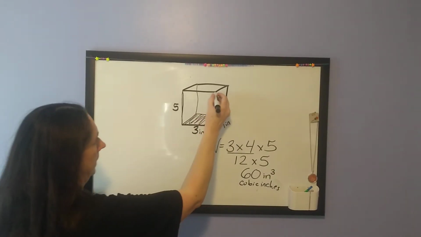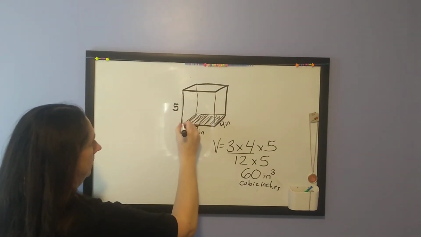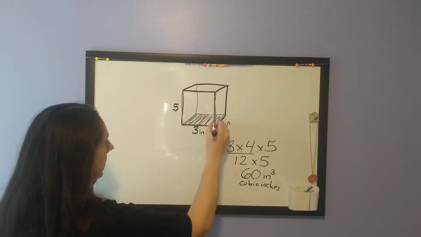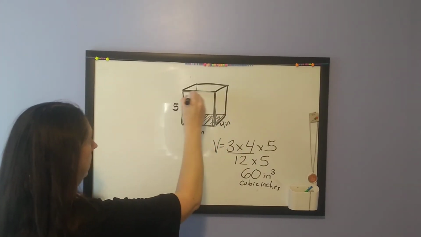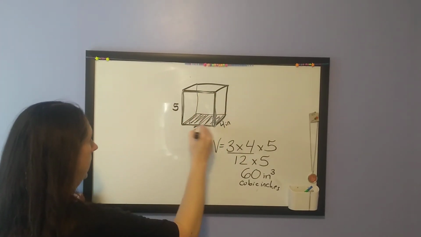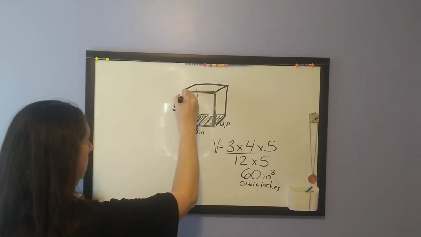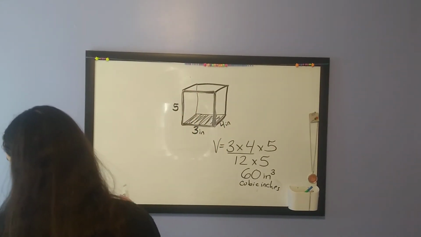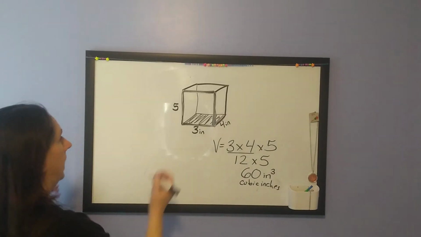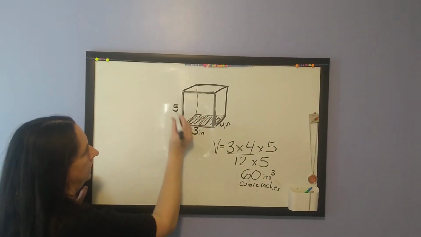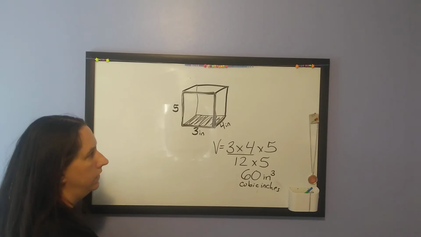The front face, they're talking about the piece that you can see as you're looking at the shape. So as you're looking at the shape, you would see this rectangle up front here. So the front face, how many cubes? Well, it would be 3 times 5, which is 15.